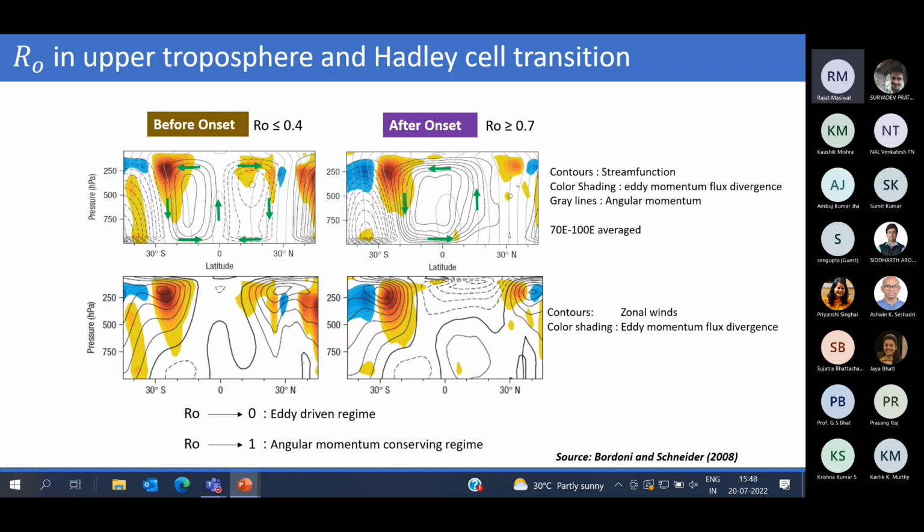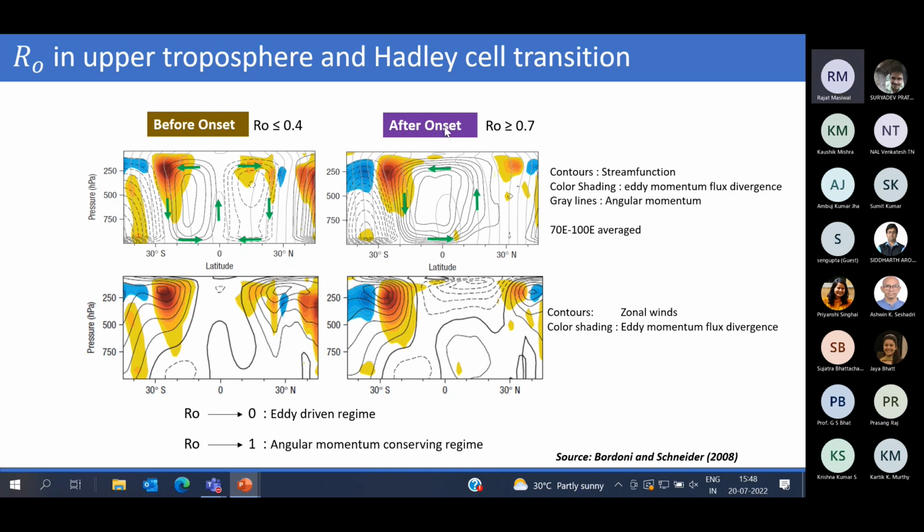But I want to bring attention to this study by Bordoni and Schneider, which looked at the local Rossby number in the upper troposphere and related the Hadley cell transition with this variable. They found that before the onset, the local Rossby number is close to 0, and you have two Hadley cells in the southern and northern hemispheres.